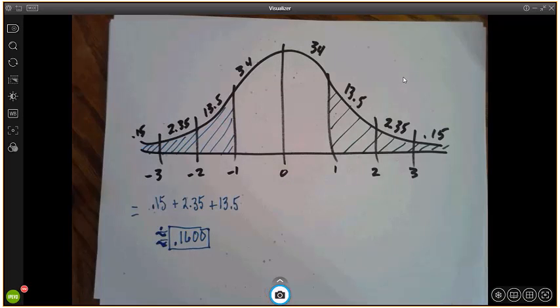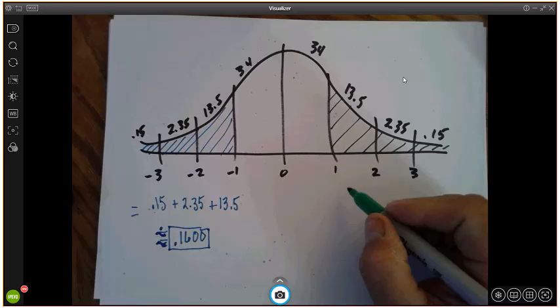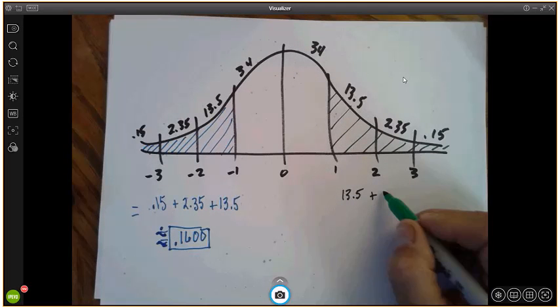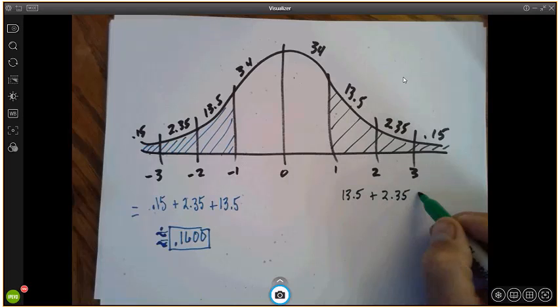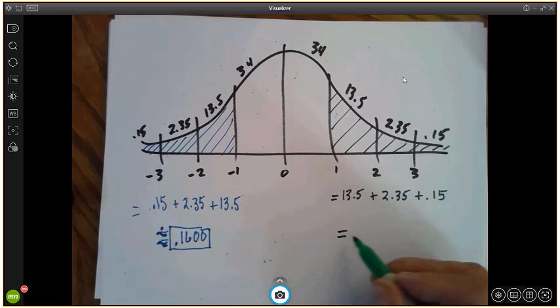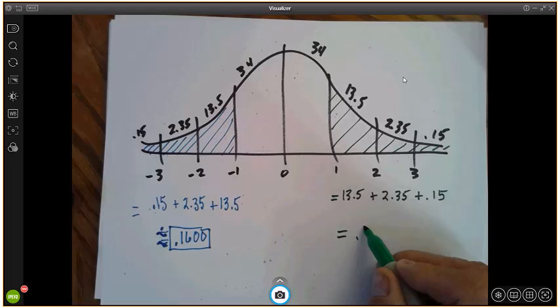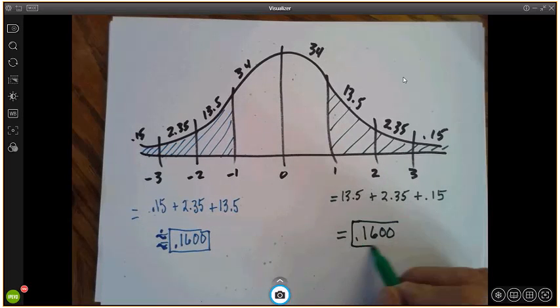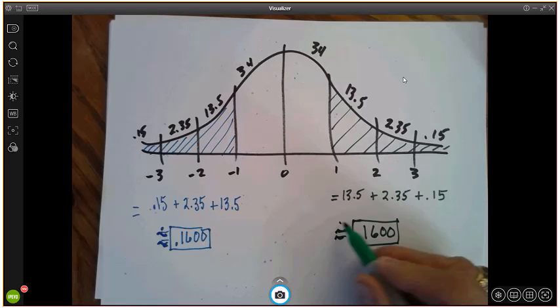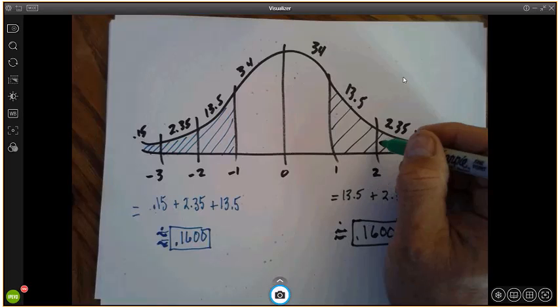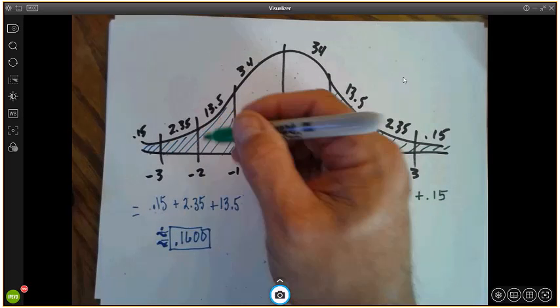And on the right-hand side, you can see it's symmetrical. That's going to be 13.5 plus 2.35 plus 0.15, and you can see that's going to be the same, 0.1600. And that's approximate. And of course, if this is 16 and this is 16, then that's 32 together.